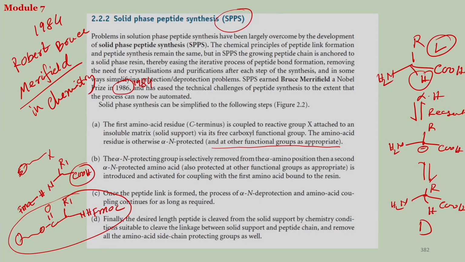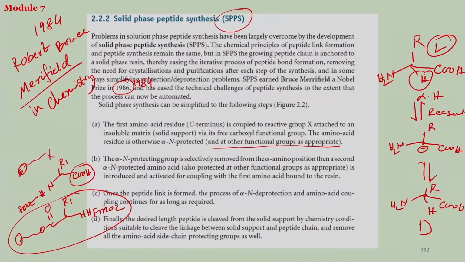Now, your amino acid is on a solid support which has the amine group protected with FMOC, and from now onwards we will use the same monomer all the time. The N protecting group is selectively removed.